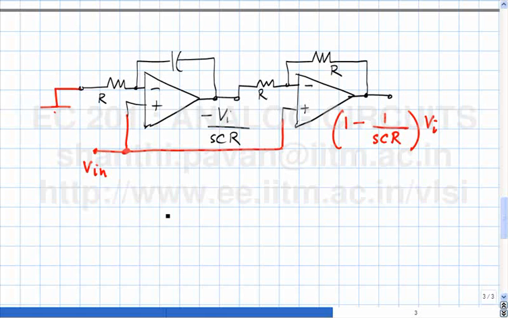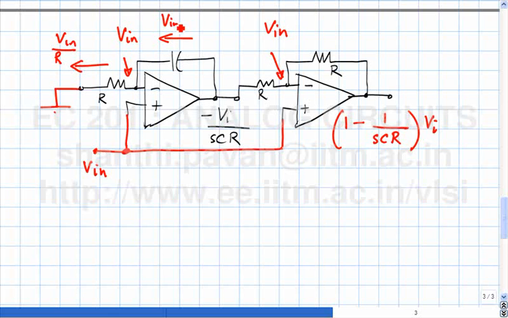So let's do the maths. This is Vin, all these are ideal op amps. What is this voltage? This is Vin. What is this voltage? Okay. This is Vin because the op amp two input terminals must be at the same potential as long as the op amp is in a negative feedback loop. What is this current? Vn by R. So what is this current?